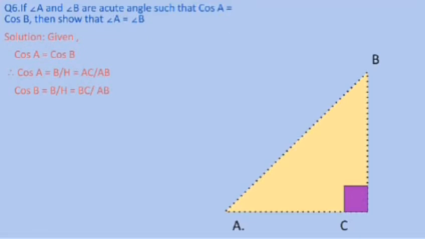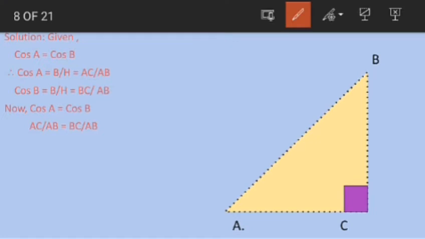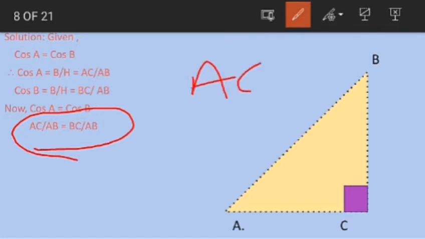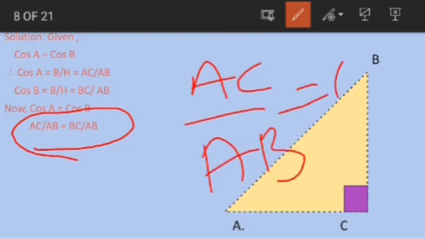Now since we are given that cos A equals cos B, we will substitute the values of cos A and cos B that we found earlier into the equation cos A equals cos B. We will have AC over AB equals BC over AB, or you can say AC divided by AB equals BC divided by AB.